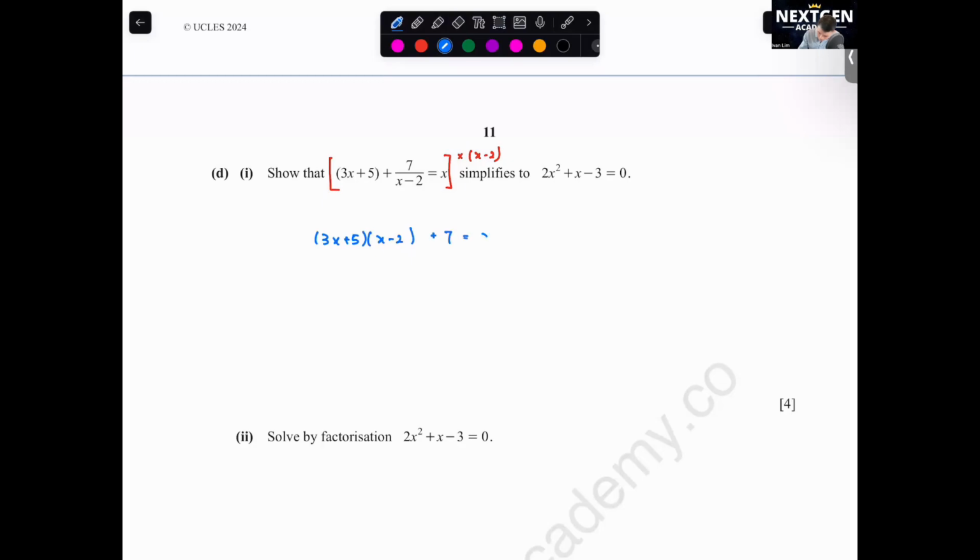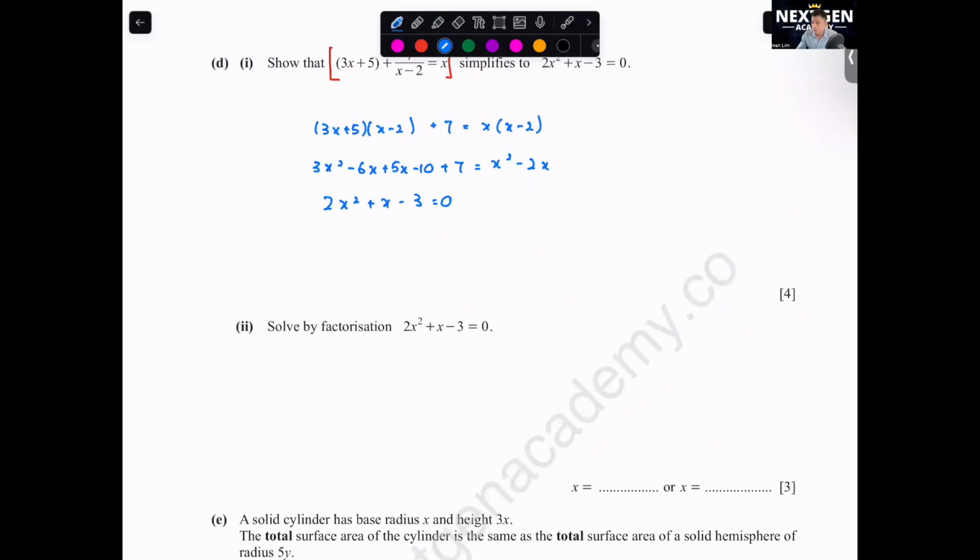It's going to be 7, then x times x minus 2. Okay, if you don't like to see it like this, you change this into one fraction first. It's the same meaning. You cannot just bring this x minus 2 straight away up here, that will be wrong, because what you're doing is you're multiplying the entire equation by x minus 2. Then here you get 3x squared minus 6x plus 5x minus 10 plus 7 equals to x squared minus 2x. Bring everything to the left-hand side. 2x squared plus x minus 3 equals to 0.